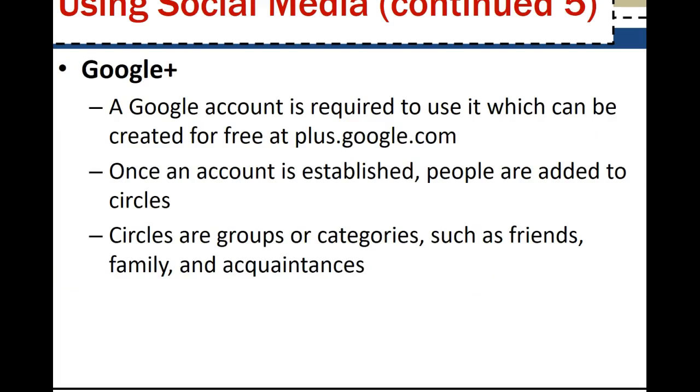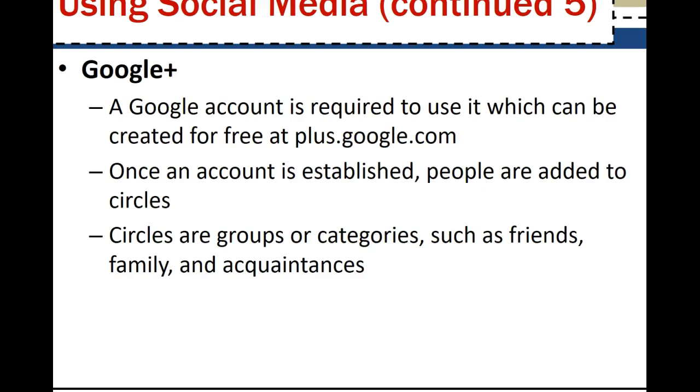So there is another social media, Google Plus. Google Plus joined in 2011, and it gained a lot of popularity as well. In order to use Google Plus, you need to have a Google account, which again is free to create. Once you have the account, you can add people to your circles.